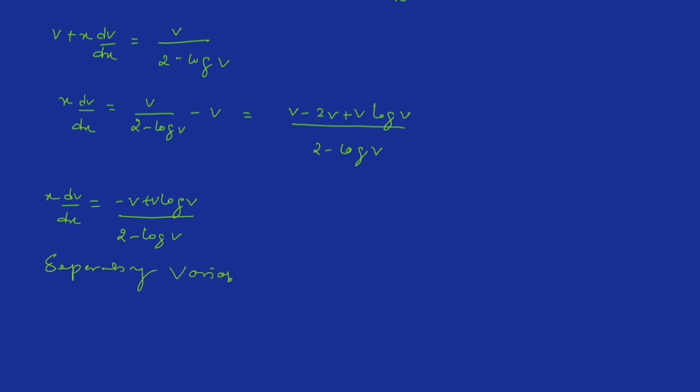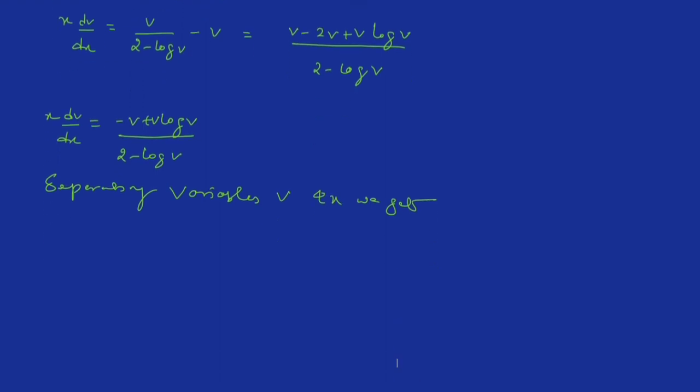Separating variables v and x, we get (2 minus log v) divided by (minus v plus v log v) into dv, which equals dx upon x.